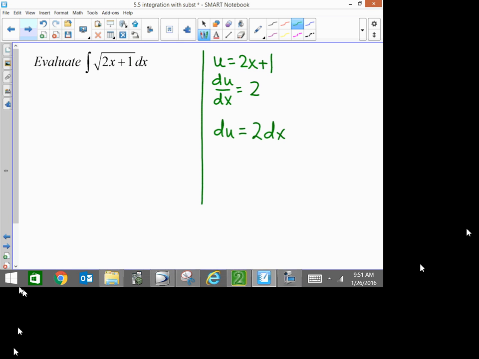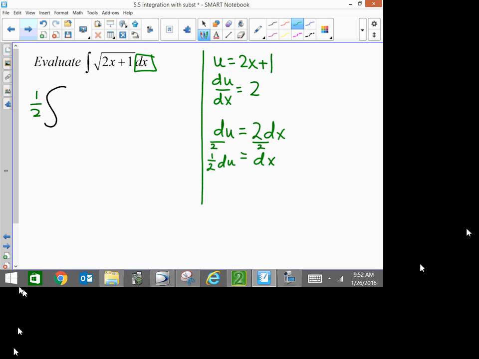Okay, I don't have a 2. I have a dx that I'm going to switch out for the du, but I'm going to divide by 2 out. So the dx gets switched out. Okay, so let me be very clear about what I'm switching out. dx is what? 1/2.